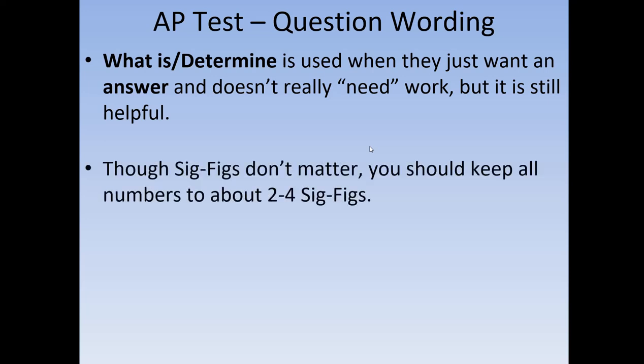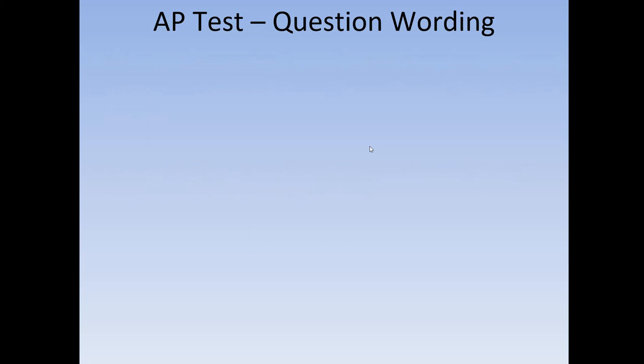Just like with everything, sig figs don't matter at all in this class, though you do want to try to keep all your significant figures to about 2 to 4 sig figs. If you put 3 and all the other numbers have 4 sig figs, no one's going to really take off points for you. But you just want to make sure that you have at least enough digits in your number to make it somewhat unique.